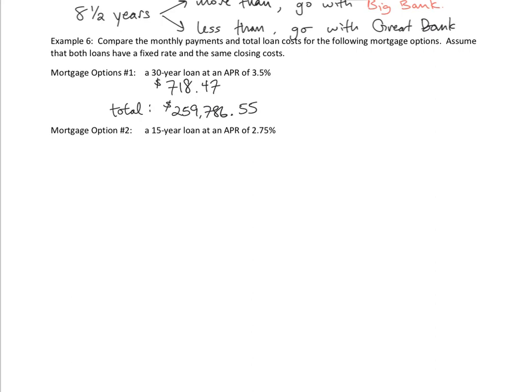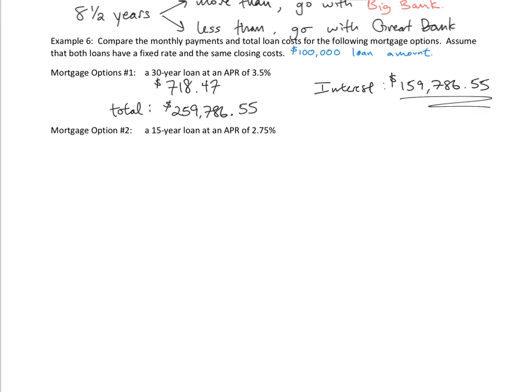And it should be stated that these calculations are all based on a $100,000 loan amount, like we had above. So you can see then the interest would be $159,786.55. And that's a lot of money to be paying in interest on a loan.